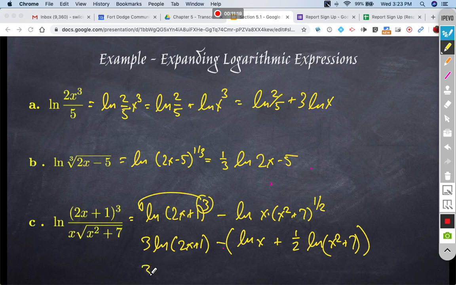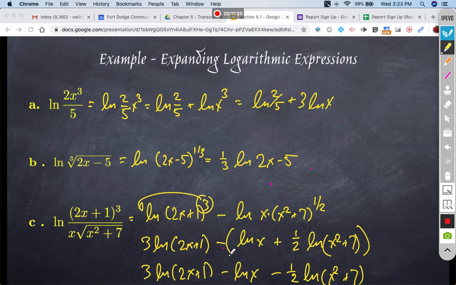So we're going to end up with 3 times the natural log of 2x plus 1 minus the natural log of x minus 1/2 the natural log of x squared plus 7. This is the one thing you've got to be careful of when we're expanding these. If you have a product in the denominator, you're subtracting a sum, so make sure you don't lose that negative sign.